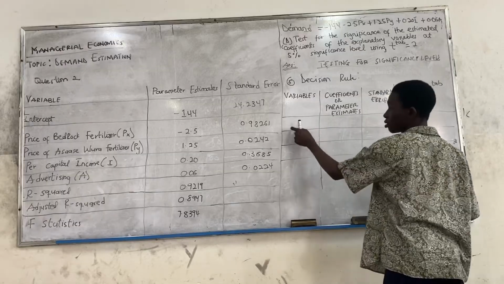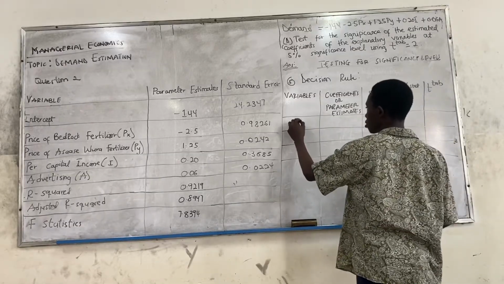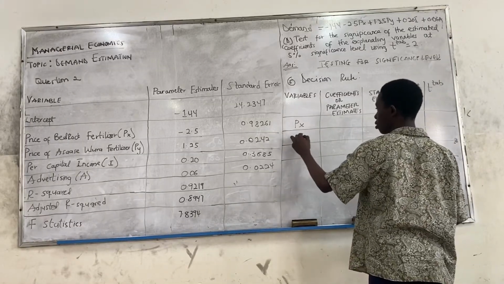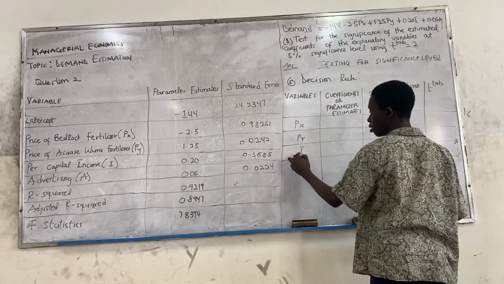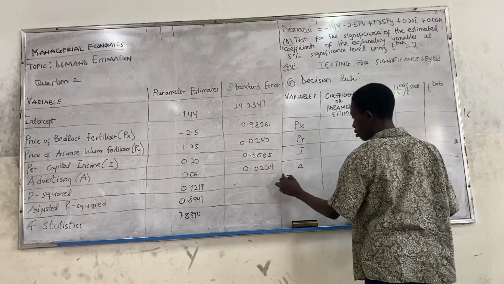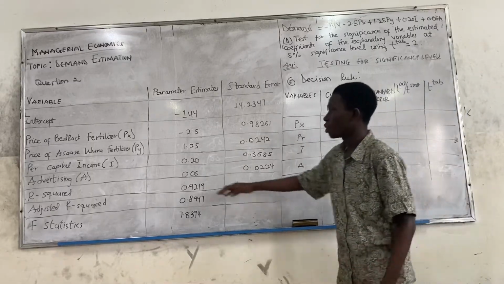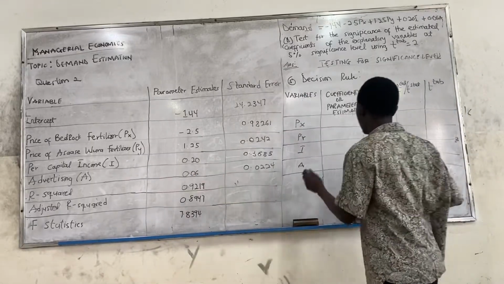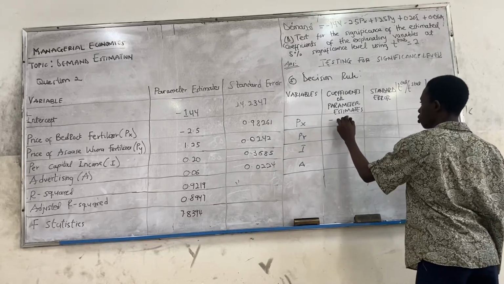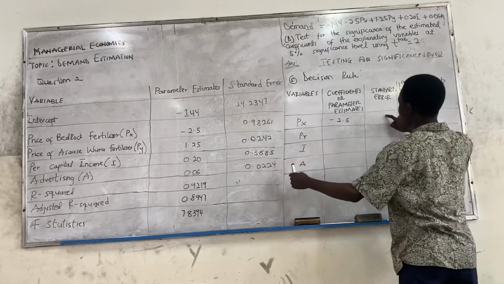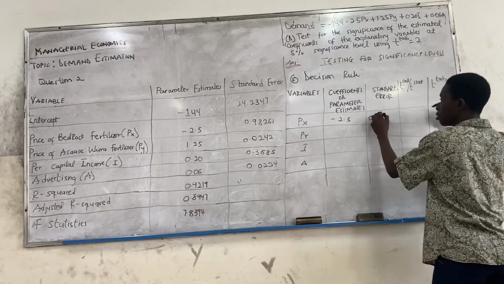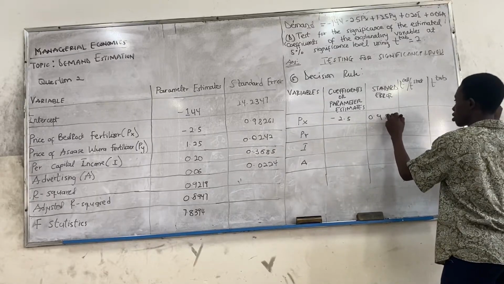The first one, PX, the second one, PY, income, and advertising. With PX, what was the coefficient? Minus 2.5. What was the standard error? 0.98261.